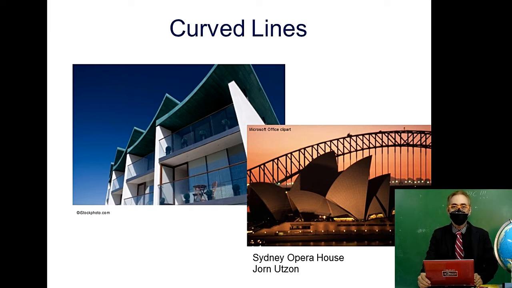Curved lines: during the age of Baroque art and Art Deco, buildings used curves. An example in modern architecture is the Sydney Opera House by Jørn Utzon. This is the architecture of Expressionism. He uses a curved, dome-like roof.